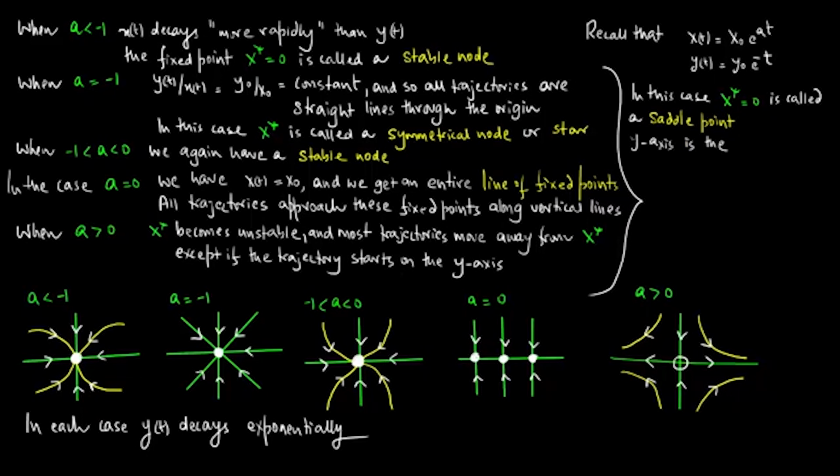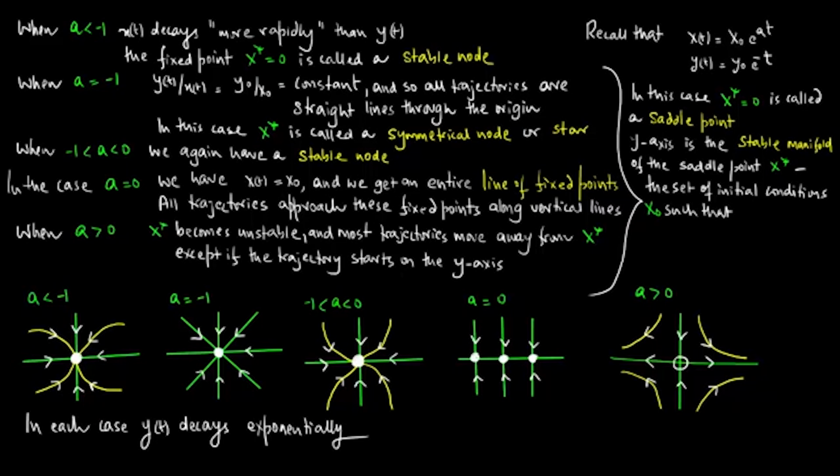The y-axis is the stable manifold of the saddle point x star, which is a set of initial conditions x naught such that x of t tends to x star as t tends to infinity.